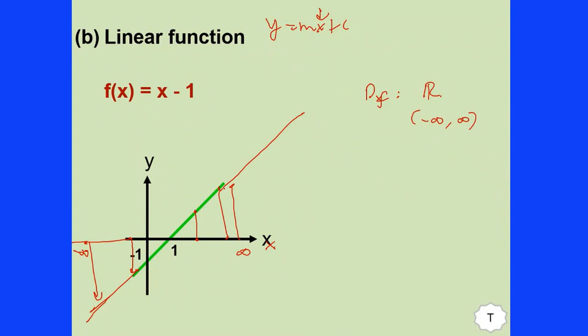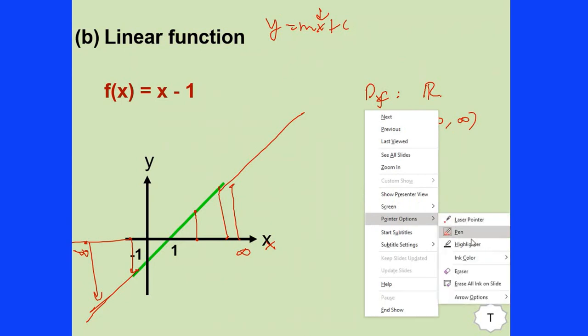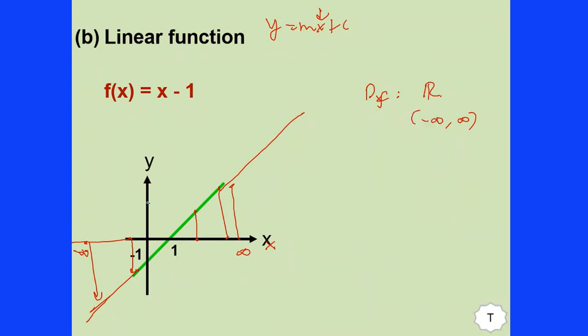Okay, to find the range, tengok y axis. Y axis, cuba ambil y kat sini. Ada partner dia. Kat sini ada. Sini ada. Kat sini pun ada. So means that they from bottom to up. Okay, negative infinity to infinity.